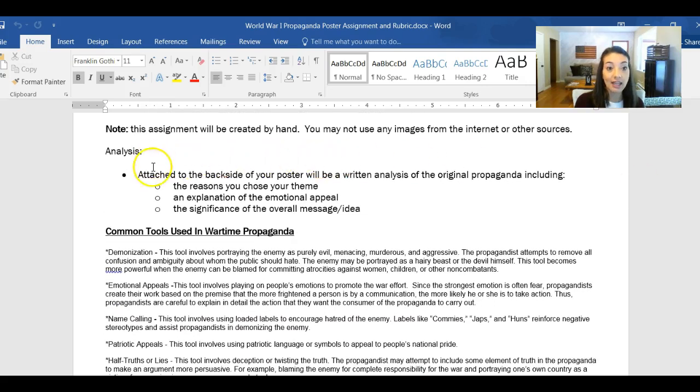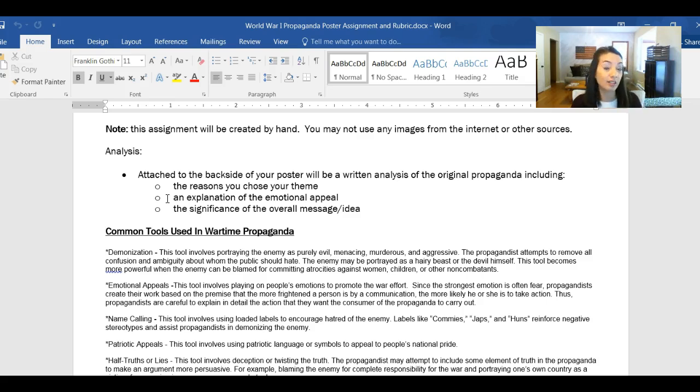And the analysis. So there's going to be a written paragraph, and inside the paragraph you have to talk about these three things. The reasons why you chose your theme. So essentially tell me why you chose the images and the subject that you did. An explanation about the emotional appeal. What did you go with? Did you go with positive motivation?